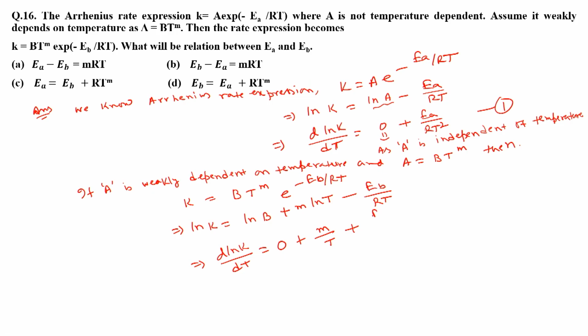Suppose this is equation 2. Now we compare equation 1 and 2, because in both expressions we calculated d ln K by dT. So we write, equating equation 1 and 2.